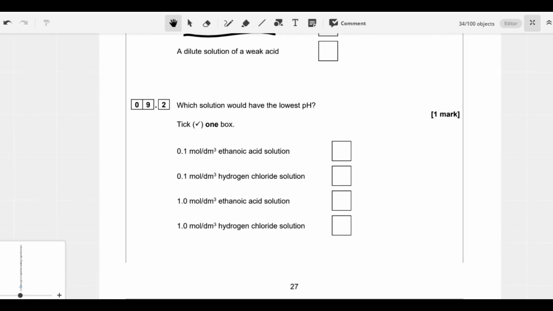Next question, which solution would have the lowest pH? Here are 0.1 moles per decimeter cube of ethanoic acid solution, or 1.0 moles per decimeter cube of hydrochloric acid solution. As we already discussed, the other is in a dilute form. So it means it will be option D.